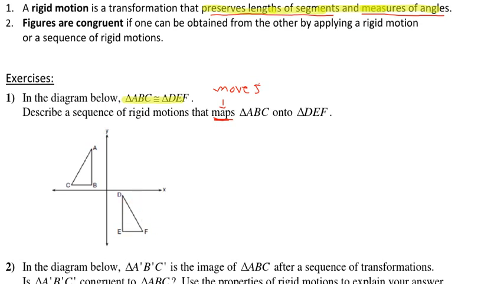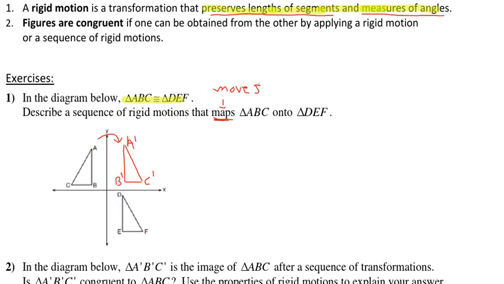So I'm going to just sketch that very briefly. So if you reflect on the y-axis, you would end up with this triangle here, like that, where this would be B prime, A prime, and C prime.